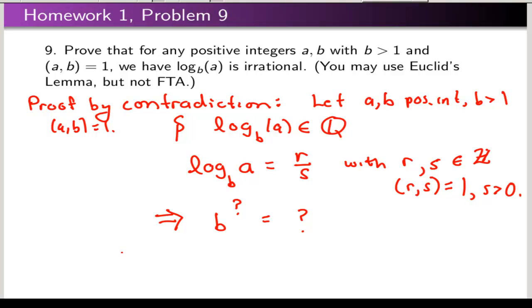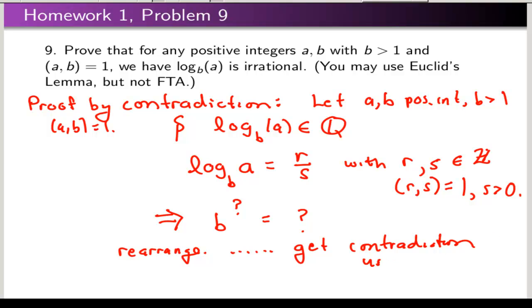Rearrange the equation a little bit and come up with a contradiction using the fact that A and B are relatively prime. And perhaps you want to use that R and S are relatively prime as well. That may or may not be necessary. You can see how that works out.